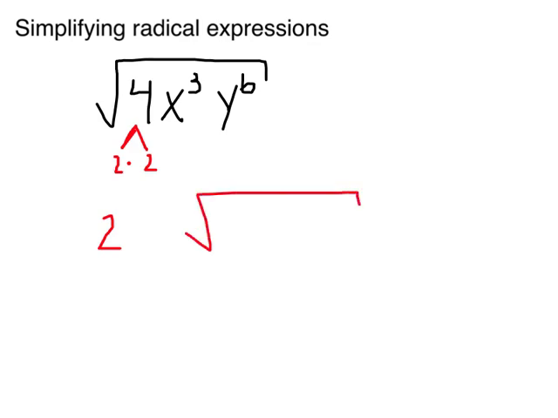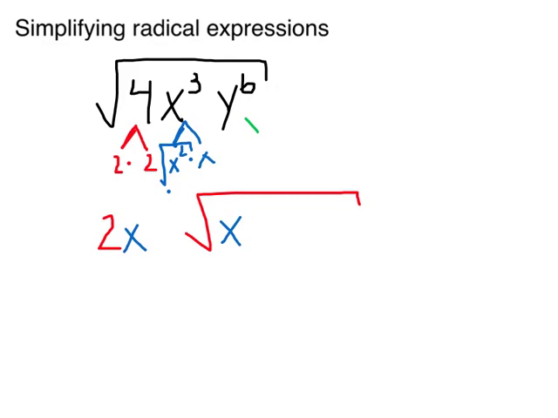The next term is I want to look at the x's. Well, x can be written as x squared times x. Since x squared is a perfect square, if I take the square root of x squared, I end up with an x. I can't square root the other x, so that will stay inside of my radical. And then my last term is this y to the 6th.